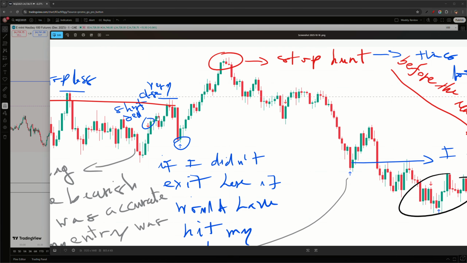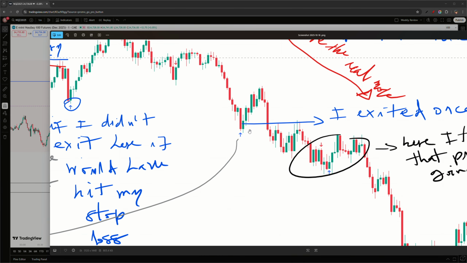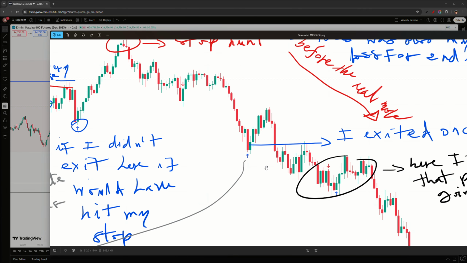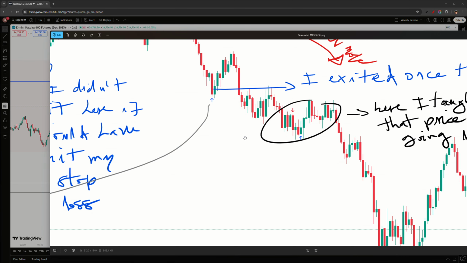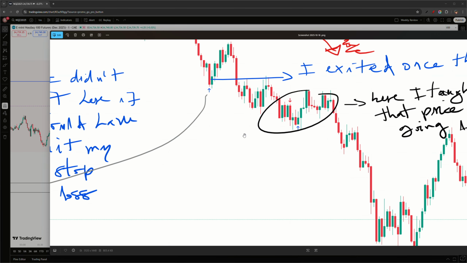So I waited. I got out with a small loss, and I waited until the market gave me an entry here. So I got out here, and I entered here and got out here. It was a pretty nice trade. I felt like I was fighting with myself, because I felt like I missed the move, and I really believed that we were still going to resume going lower.